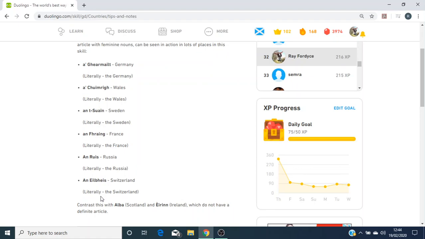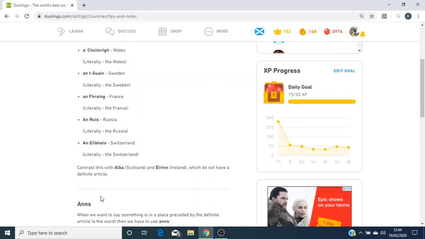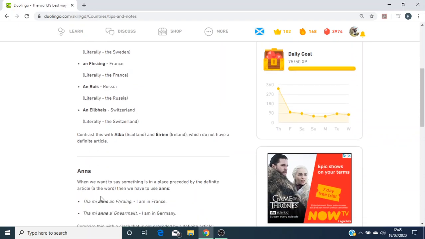And Elvish. Elvish is Switzerland, right? Contrast this with Alaba and Erin, which do not have a definite article, obviously because they're Gaelic-speaking countries. Although Ireland's more Gaelic than Gaelic, but anyway, not important for this one.